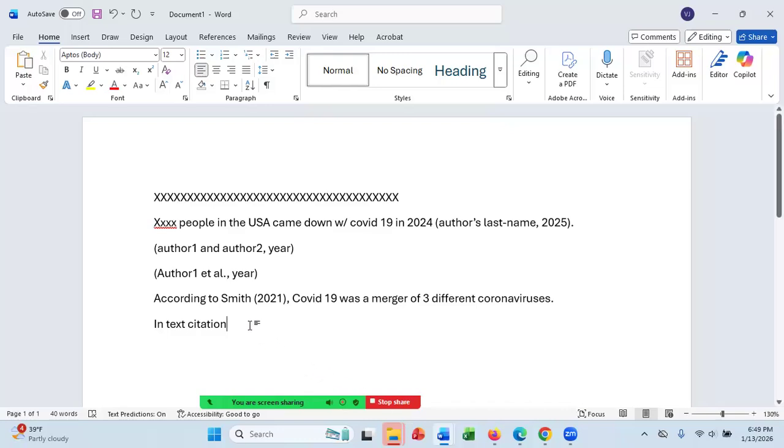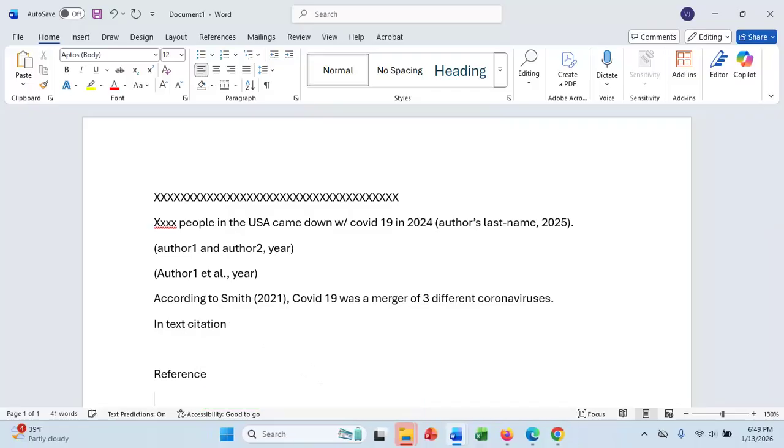And then each in-text citation should, at the end of the paper, have in the reference section the complete full reference.